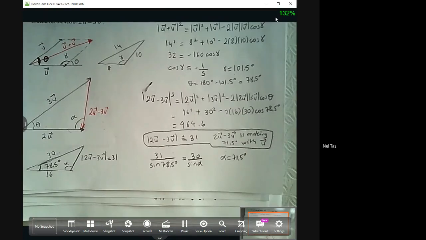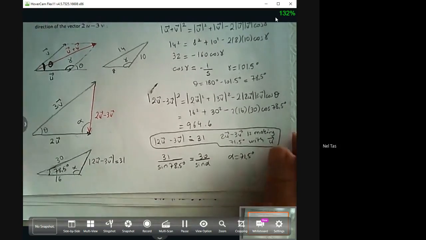So we gave the magnitude and we gave the angle. Okay, moving on.